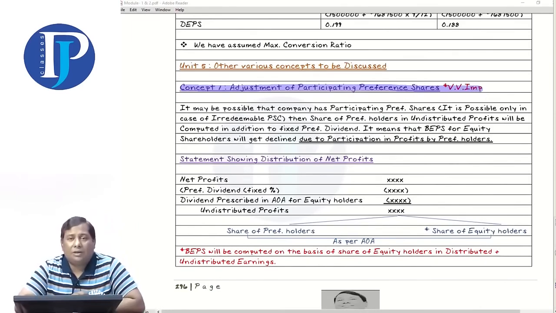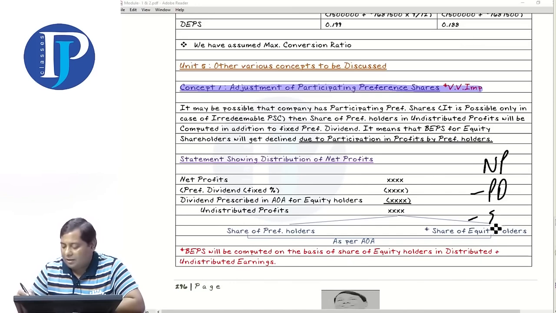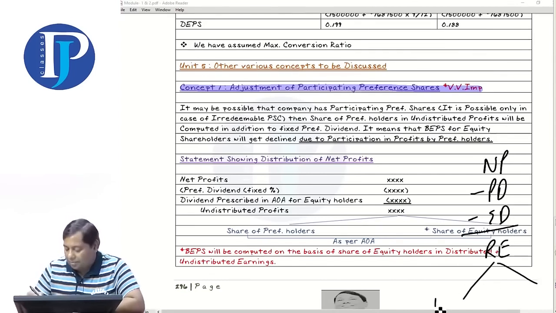Participating preference shares, what are they? Those which have a stake in our retained earnings. The company earned net profit. Out of this, preference dividend was paid and equity dividend was paid. The rest is the company's retained profit, called undistributed profit. Even in this, preference share capital gets a share and equity holders get the rest.